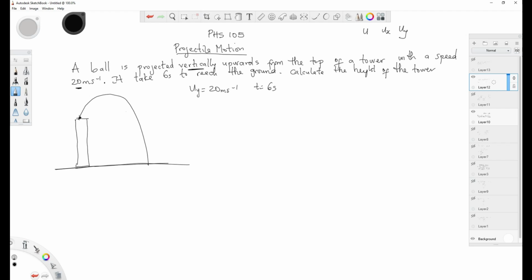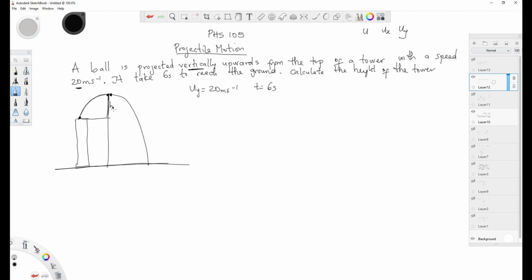It goes and reaches a maximum height. So if we can know the height from the top of the tower to this maximum height, and we can also find a way of getting the height from this maximum height down to the ground.